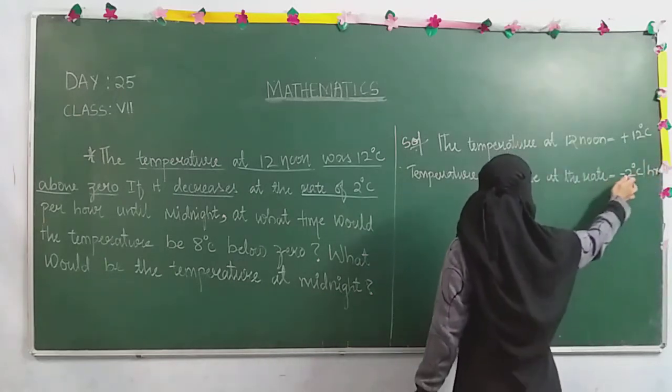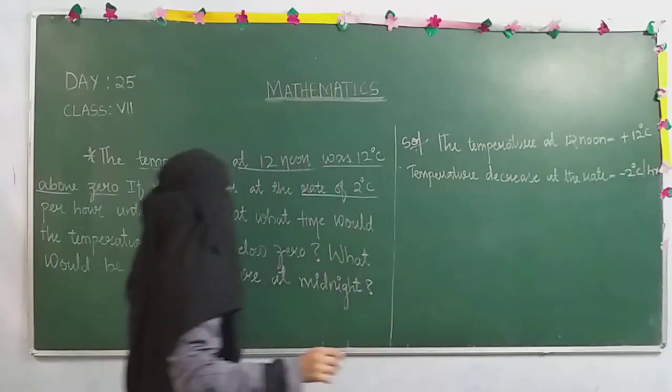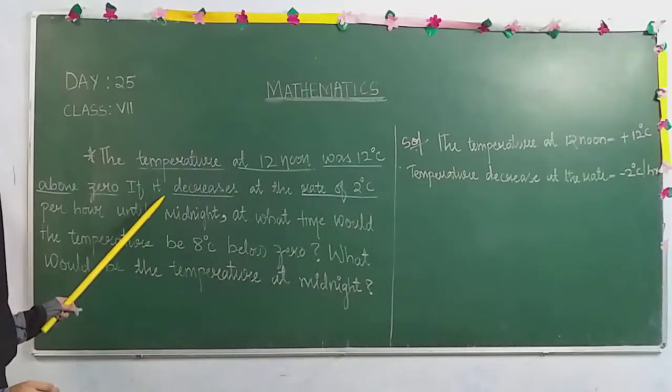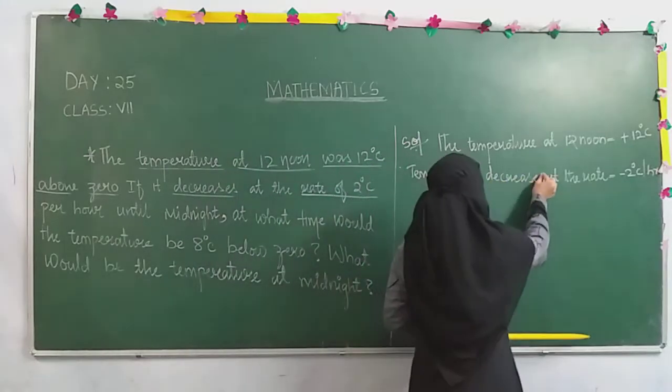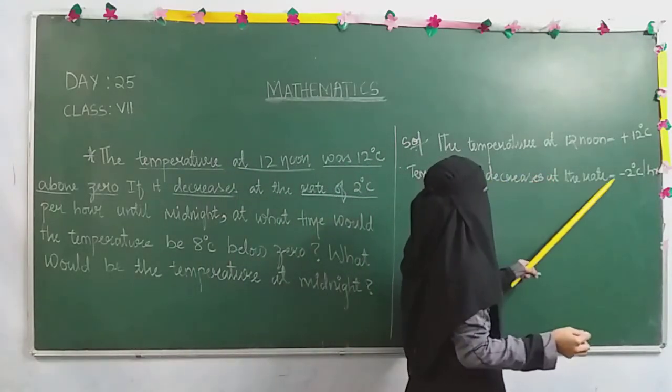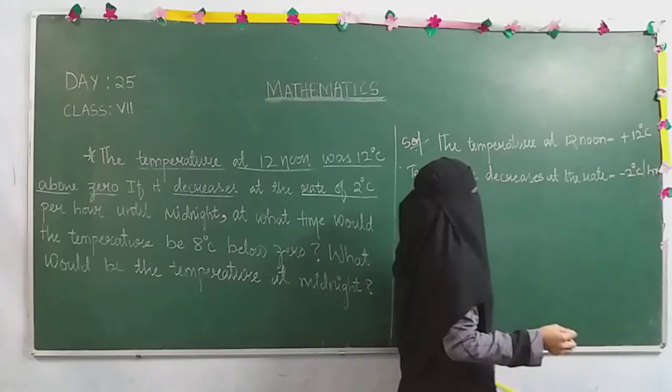Why have we written minus 2 degrees over there? Because the concept here is decreases. Temperature decreases at the rate of minus 2 degrees centigrade.